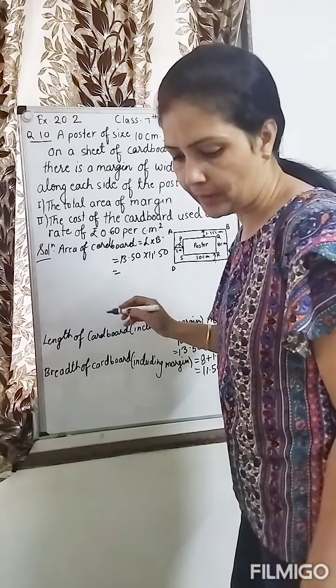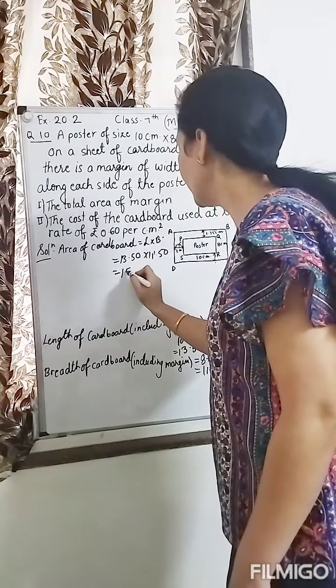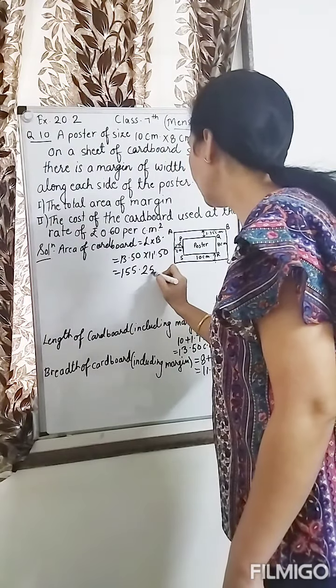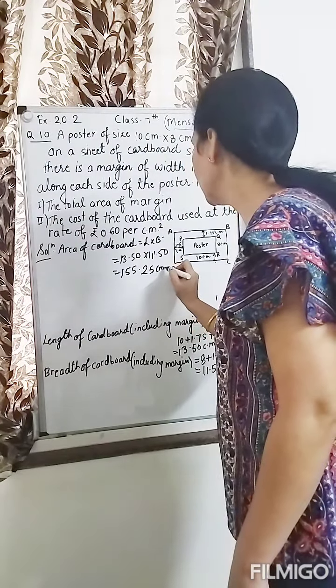So when you multiply, you will get 155.25 square centimeter. Okay. So now we have two areas. One is for the poster, which was 80 centimeter square. And now the area of the cardboard, the pink one, 155.25.